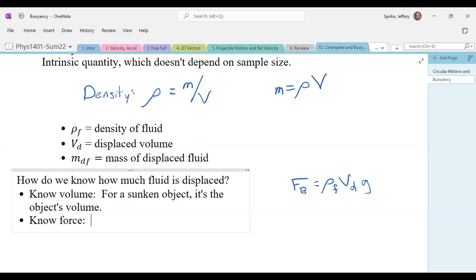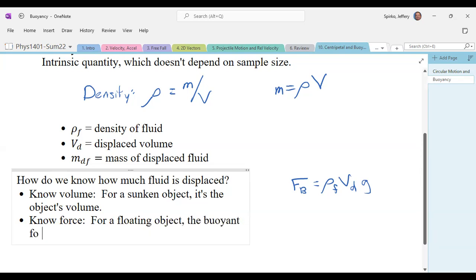The part that's sticking up doesn't count. And for a floating object, the buoyant force is equal to the weight of the object. And we'll see these things in a little bit more detail when I do some diagrams and force diagrams.